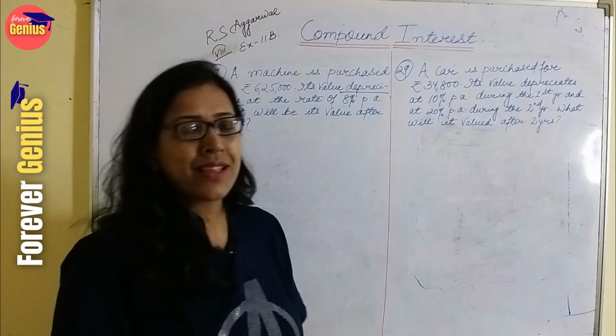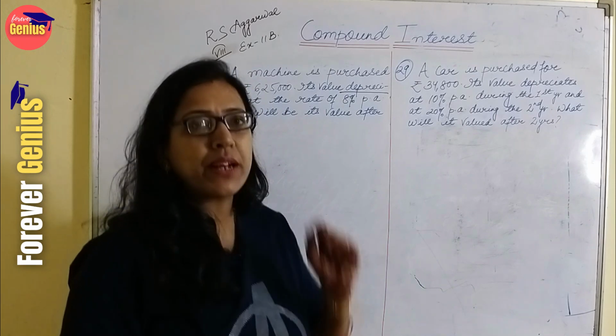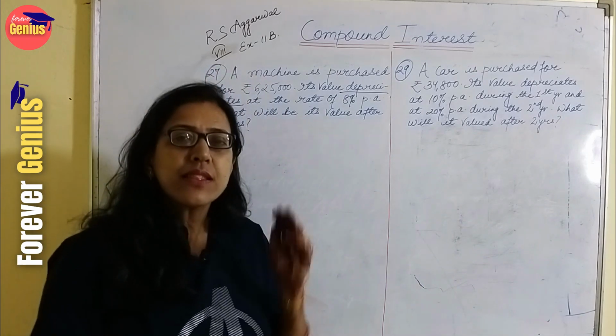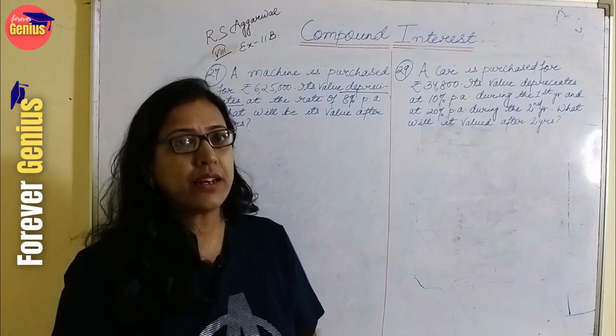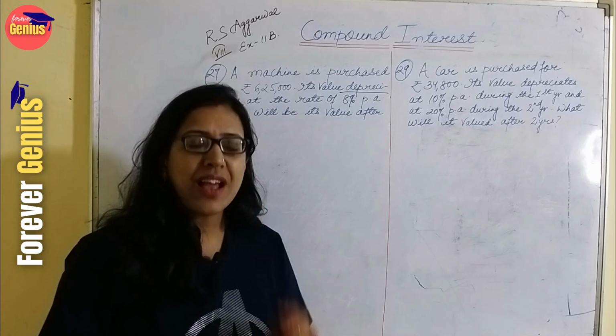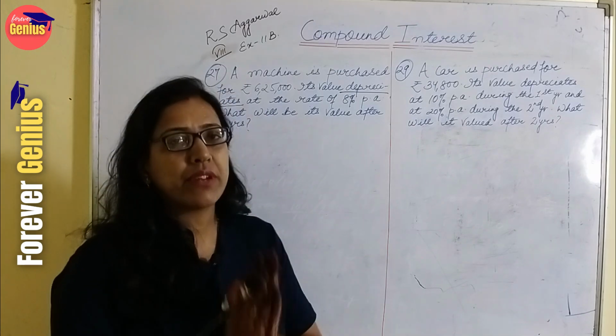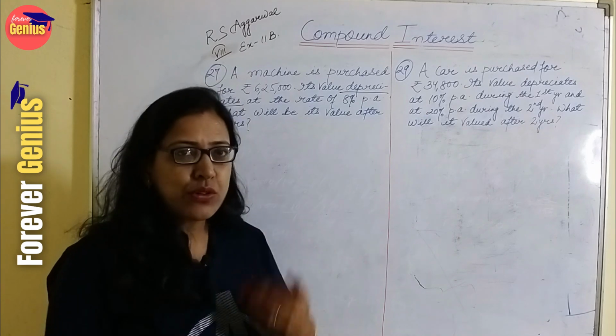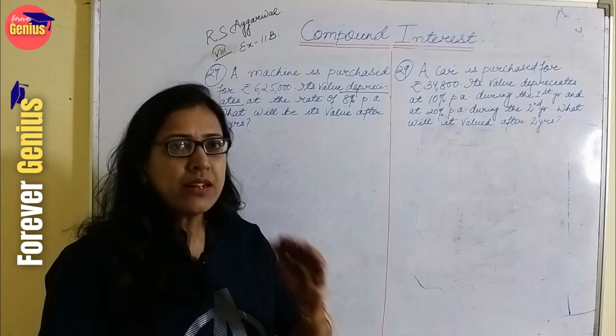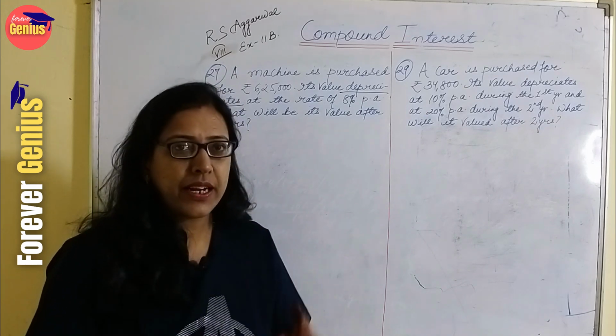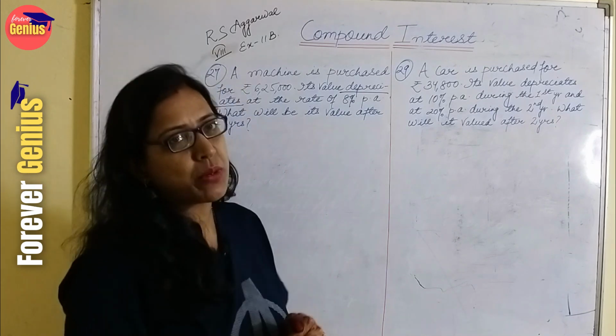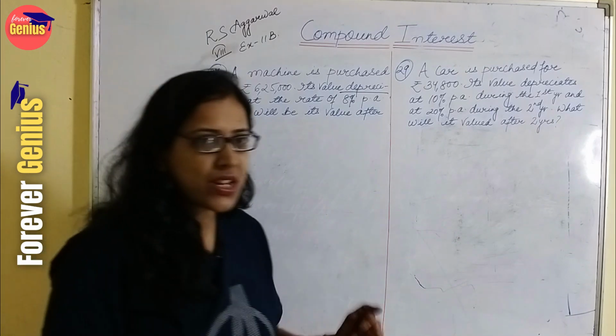Yes, it's basic that the value will decrease. So the decrease in the value of machinery items is known as depreciation or wear and tear. While using the machine, the wear and tear decreases its value. That is known as depreciation.